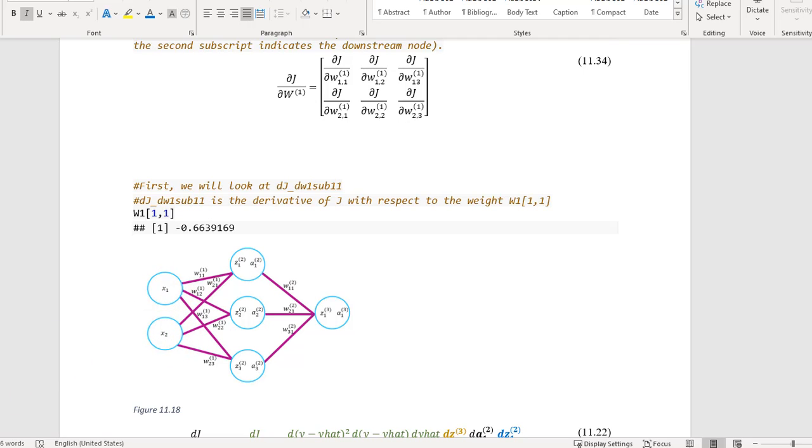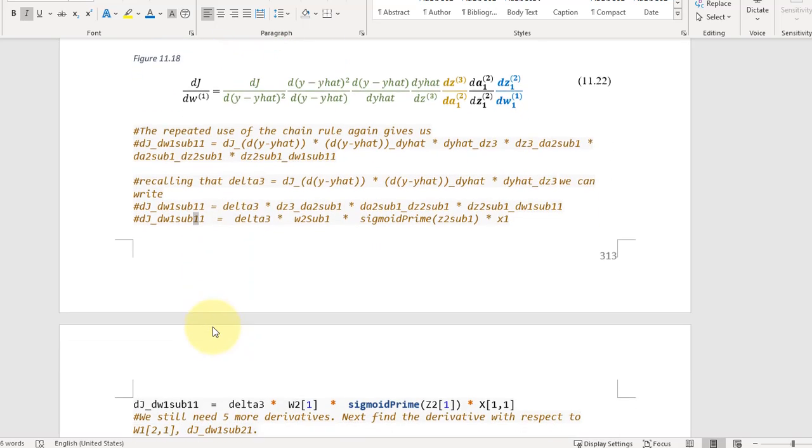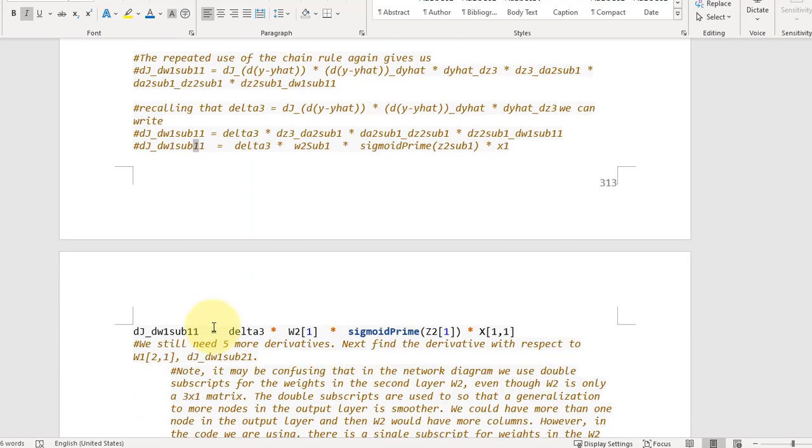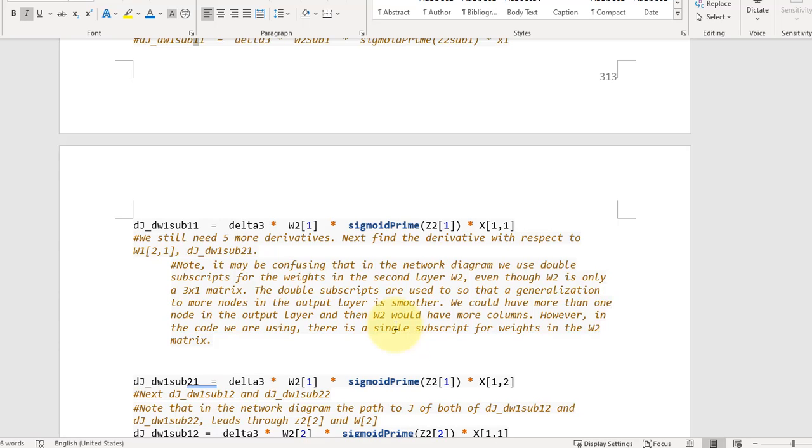So for our first one, we had x1, but when we change this to a 2, 1 and do that one, let's see, do we have that? Yeah, here. The only difference should be the last term. So let's make sure that that's true. This one and this one, they're the same except for the last term.